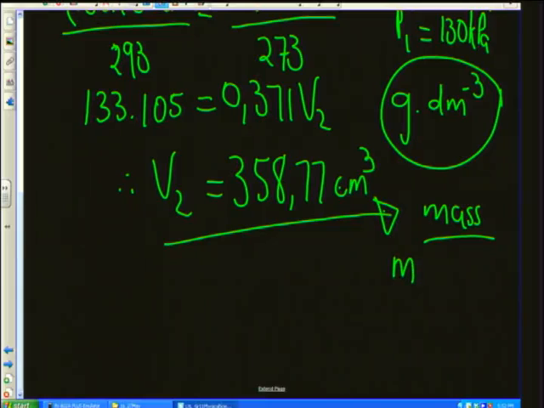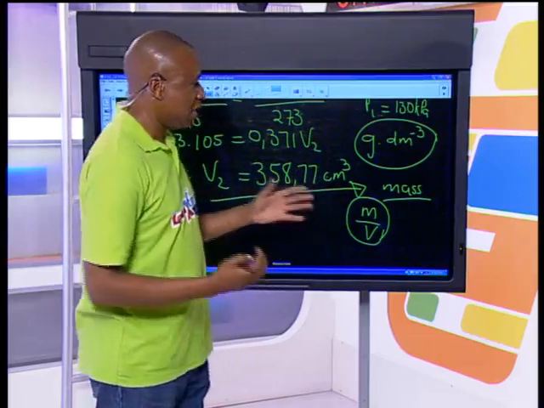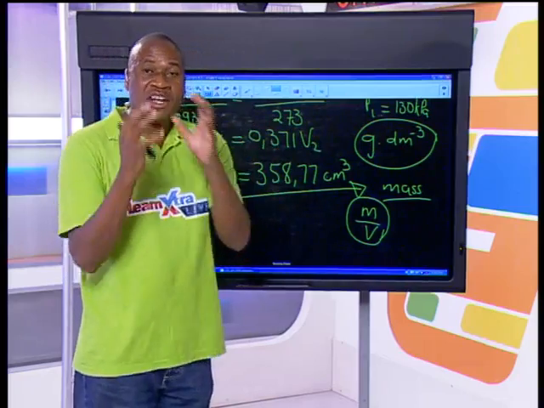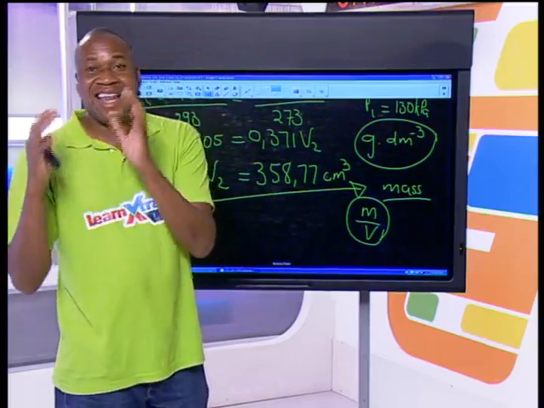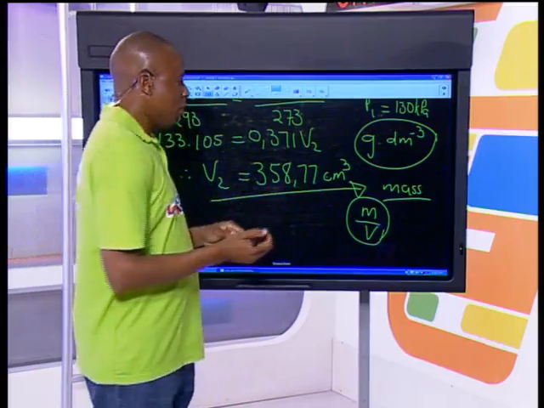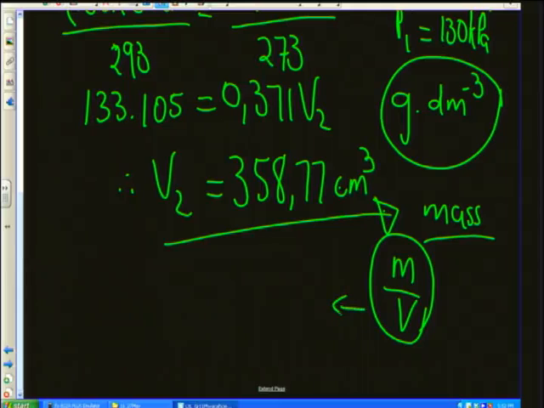So it's mass over volume, if you like. Now, mass over volume may not really help us much in what we are doing now, but grams per cubic decimeter just tells you how much mass you have in 1 cubic decimeter, and that's all.